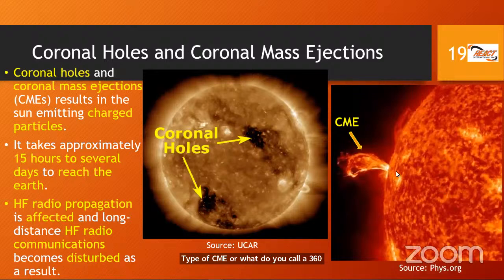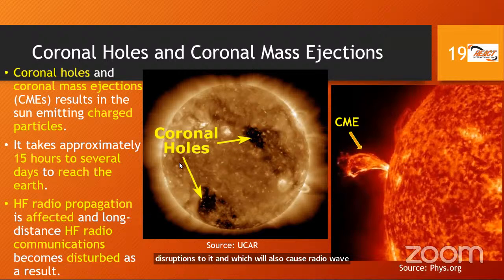It will affect our Earth's magnetosphere or geomagnetic sphere, you know, the Earth is protected by a magnetic field. So that CME can come and have disruptions to it, and which will also cause radio wave propagation effects.